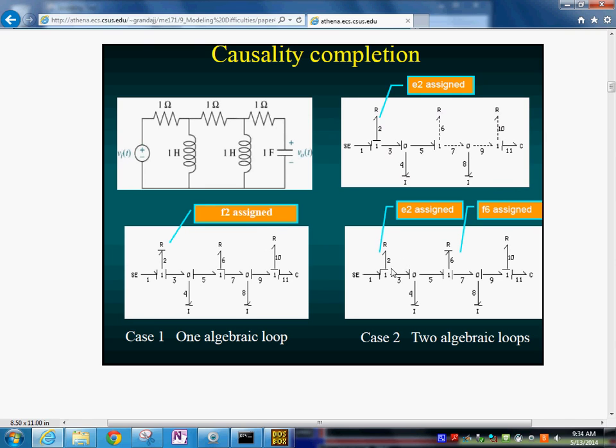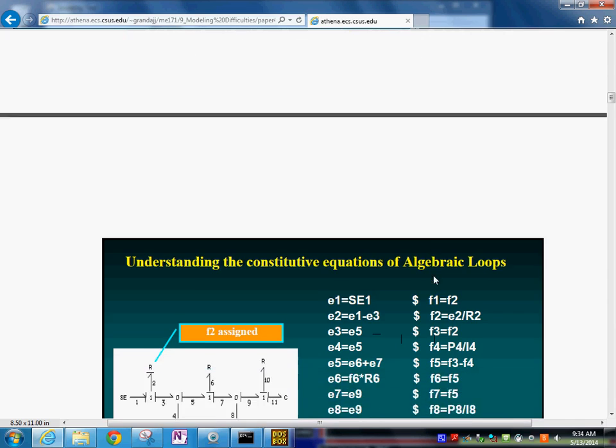And in this one, if you assign it here like this, you would have to assign also in here another one to be able to complete. So you make, in this case, F2 the assignment, and in this case, you will have to do 2 assignments. Still, it is a difficulty.